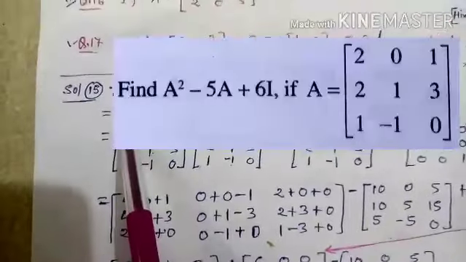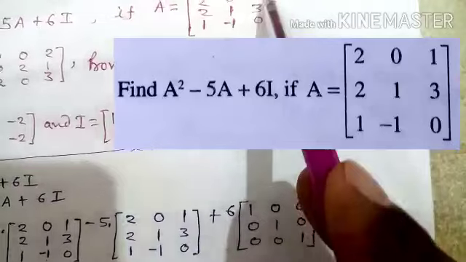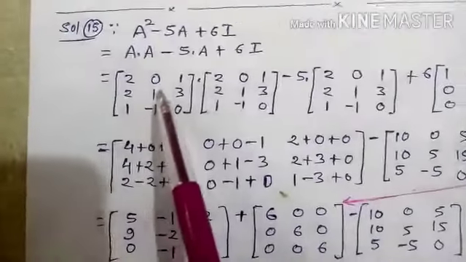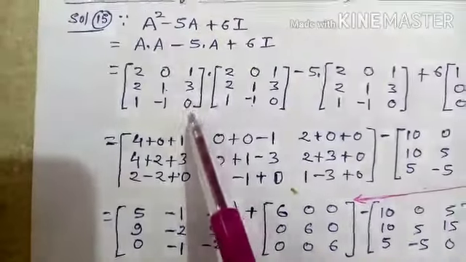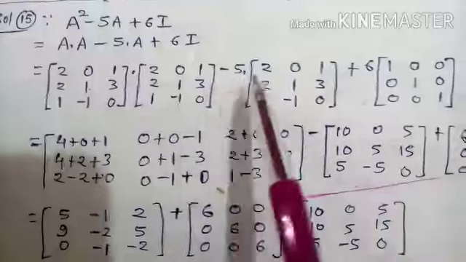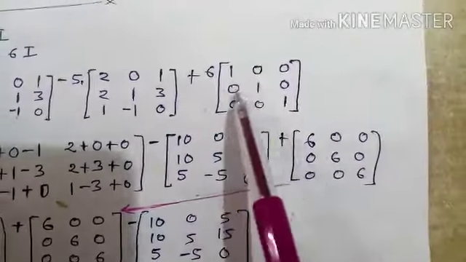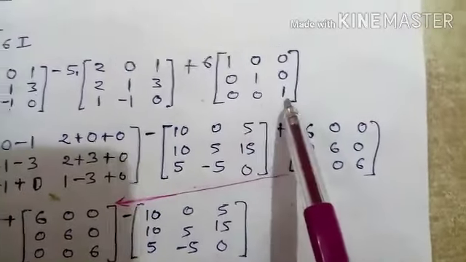Here matrix A is 2 2 1, 0 1 −1, 1 3 0. So in place of A write this matrix, and once again write matrix A for the second factor, −5 into matrix A, plus 6 into I, the unit matrix, so it is 1 0 0, 0 1 0 and 0 0 1.